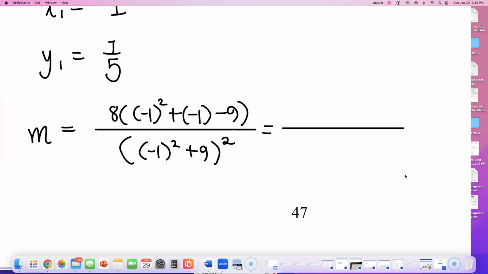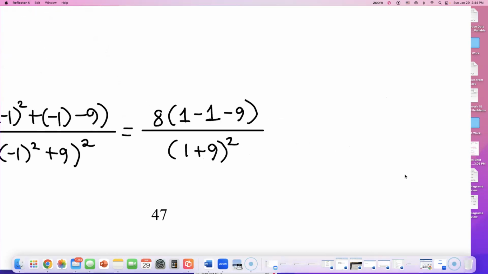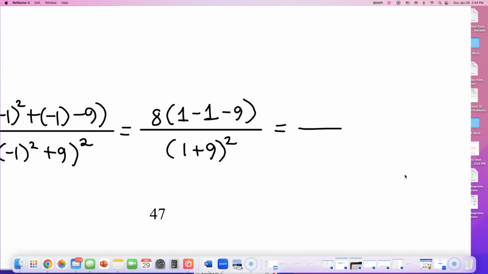Okay, I'll have 8 times 1 minus 1 minus 9. And the bottom will be 1 plus 9 squared. Right? Okay, I hope I'm not making any mistakes here. All right, let's see. So the numerator will be 8 times what? 8 times -9. And the denominator will be 10 squared, right?